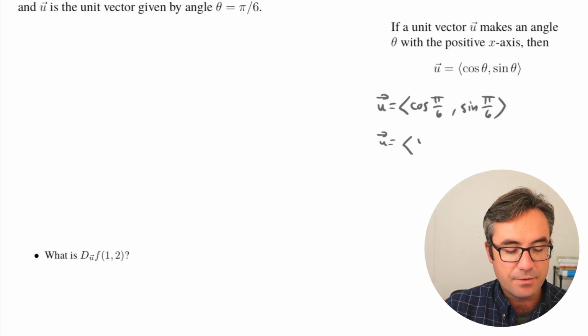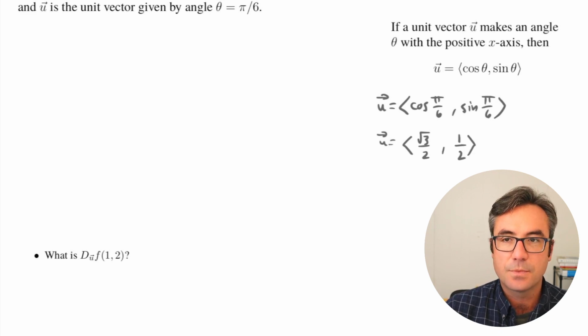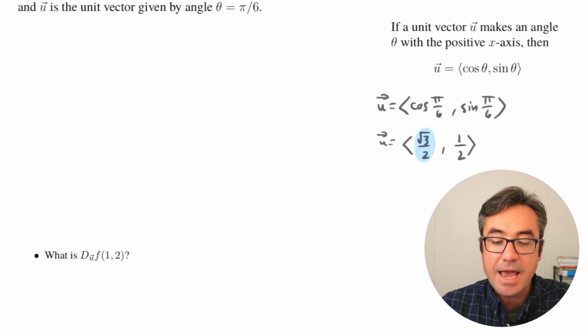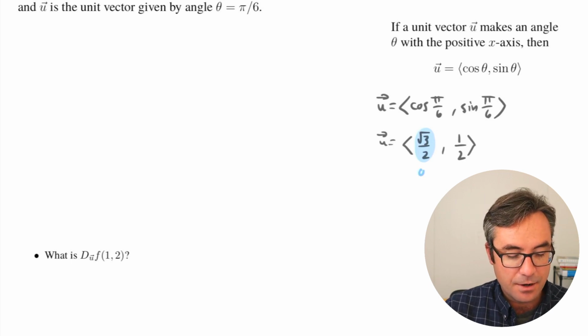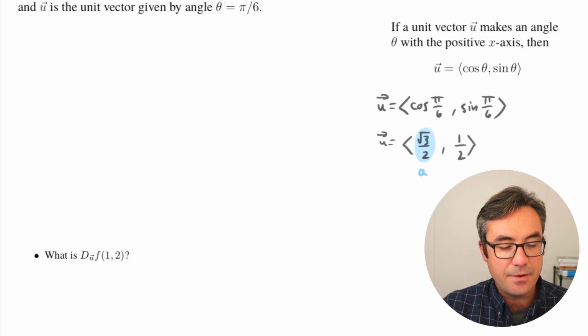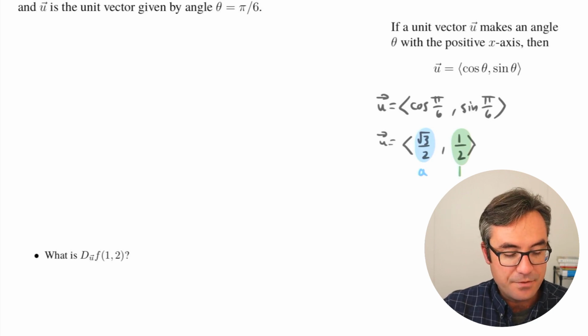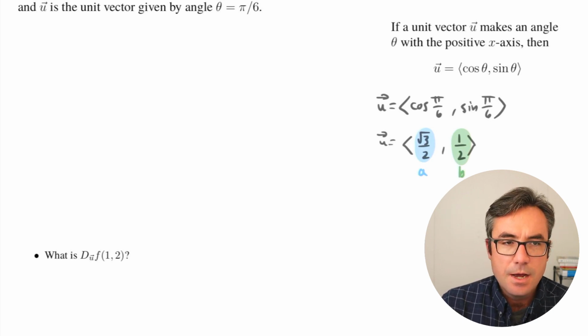So cosine of pi over 6 is square root 3 over 2, and sine of pi over 6 is 1/2. So this is going to be the a part of our unit vector, and then we have the b part of our unit vector here.